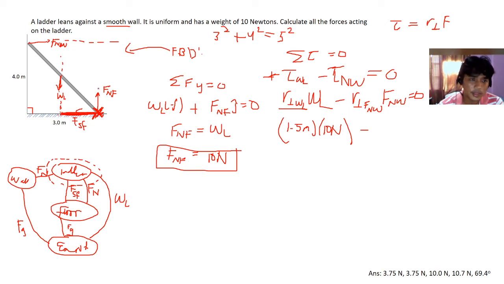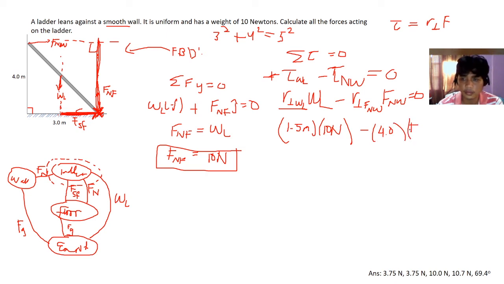This moment arm is right here, isn't it? It is the moment arm for this force, because this is the distance that is perpendicular to the line of action of the force. And that distance happens to be 4 meters.